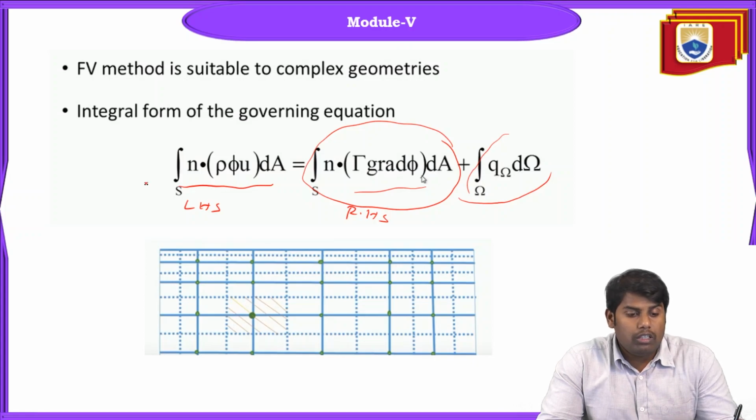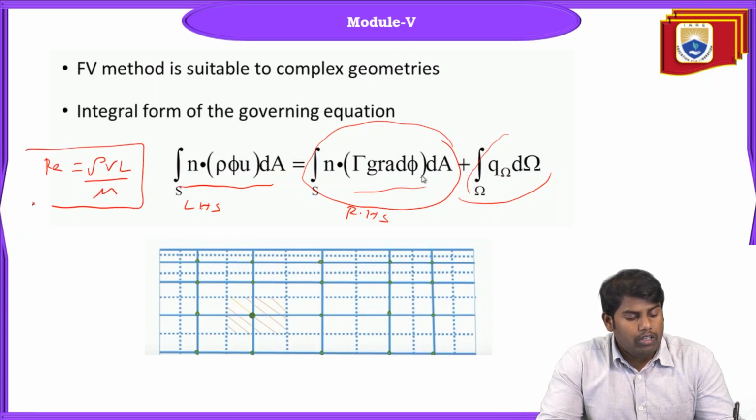If the diffusion is increasing, the convection should come down, or if the convection is increasing, the diffusion will come down. Already we had seen previously the Reynolds number, which is rho VL by mu. So here it is a ratio of inertial force to the viscous force. The inertial force relates to the convection terms, and the viscous force to diffusion.